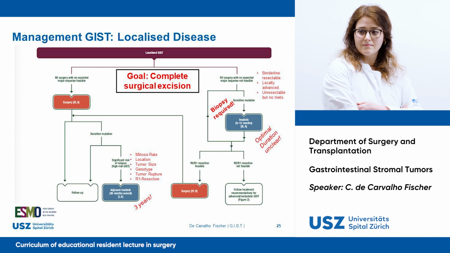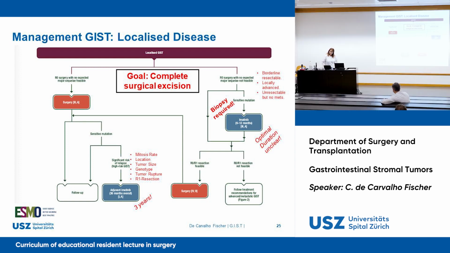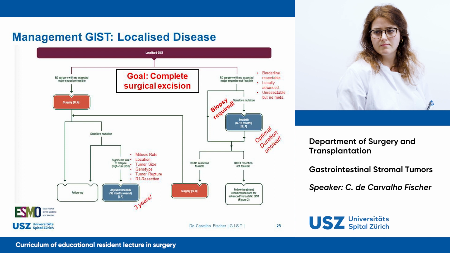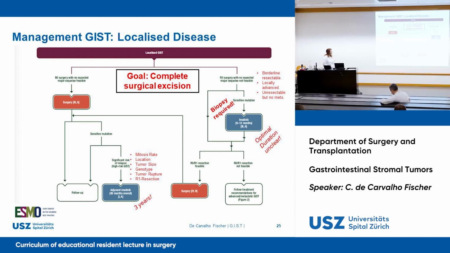Our actual policy is that if we have a resectable GIST, we prefer to proceed to surgery right away. If we have signs of involvement of neighboring organs, then we proceed with neoadjuvant treatment. That's basically it. I would like to say something about the surgical management of those tumors.